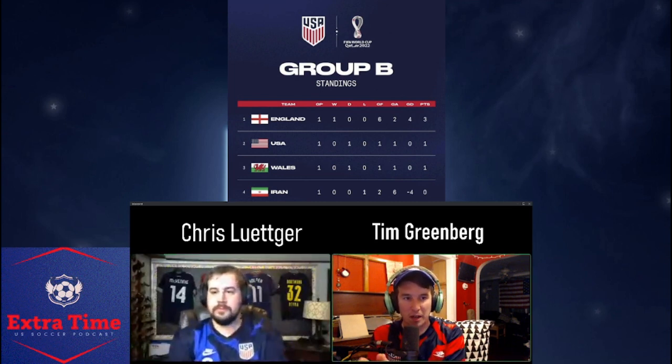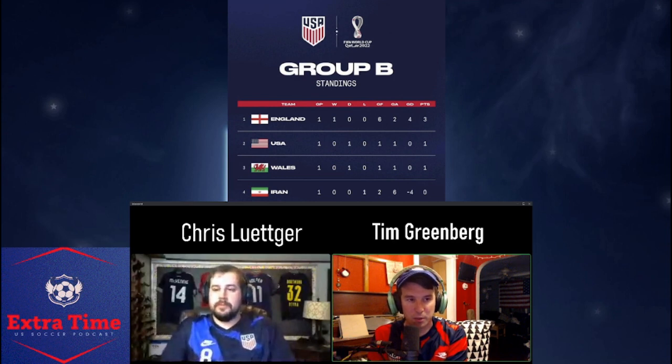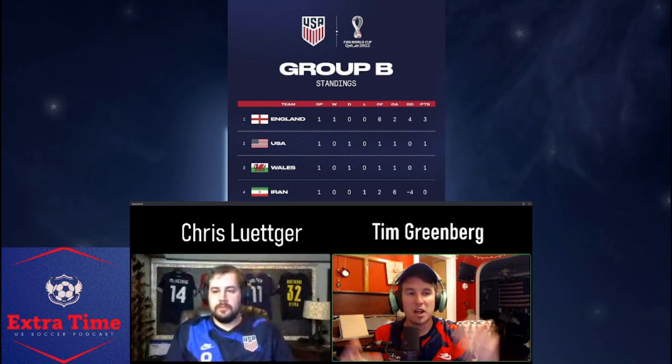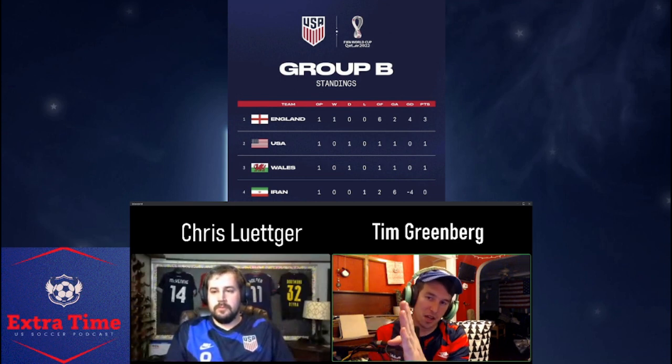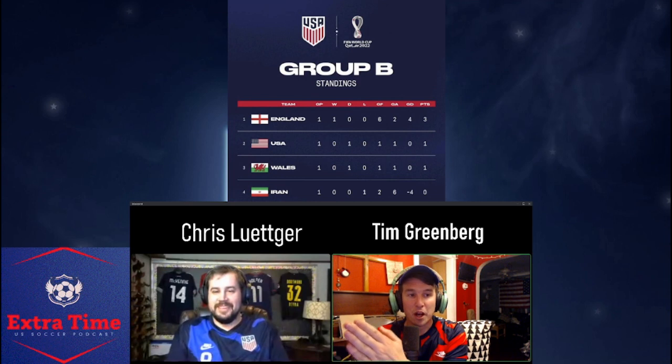What you're going to see from left to right is the number of games that the team has played, obviously wins, draws, and losses. So in the rest of the world, we do it backwards. In the United States, it's wins, losses, and draws. They do it the way that makes the most sense, which is the most number of points, then the next, and then none. So wins, draws, and losses. Then we have goals for, goals against, goals differential, and points.